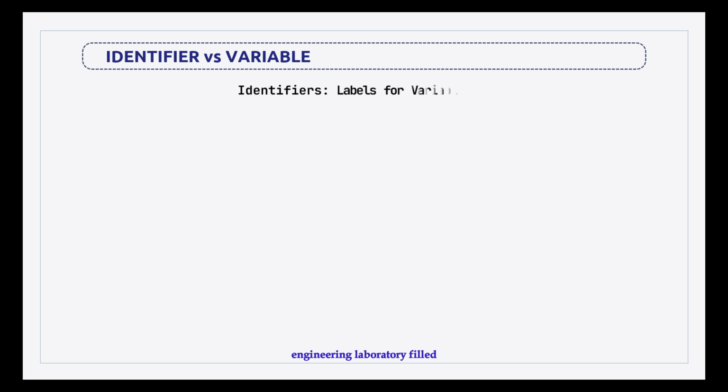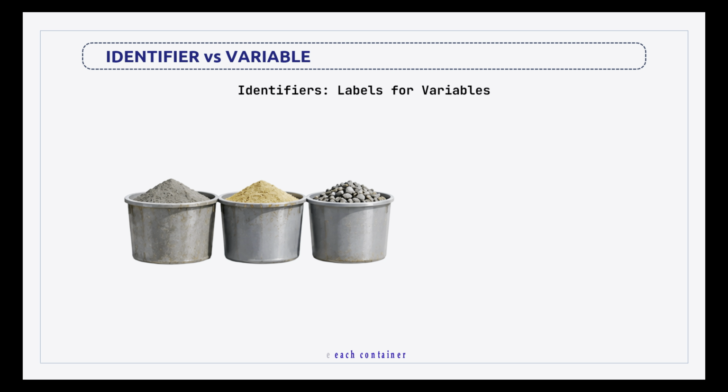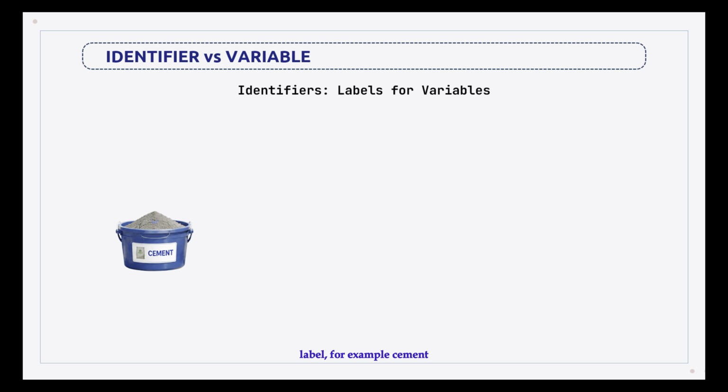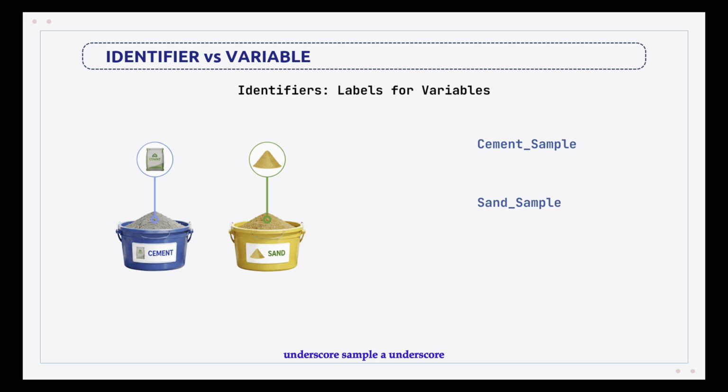Imagine a large civil engineering laboratory filled with containers. Suppose each container stores different materials. To identify the containers, every container requires a label. For example, cement_sample, sand_sample, CA_sample.